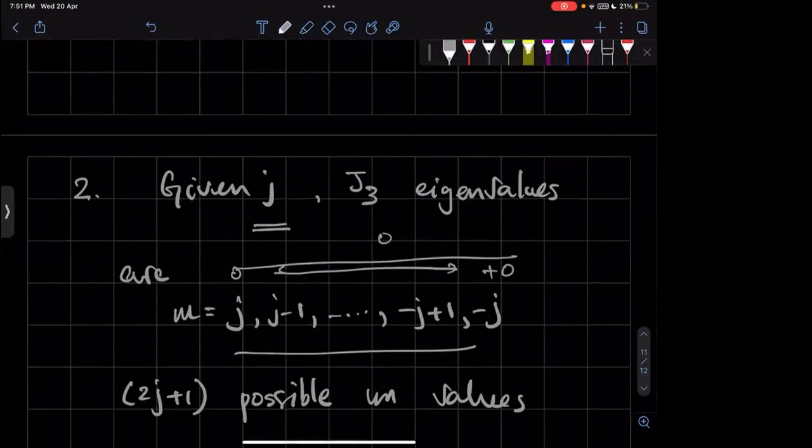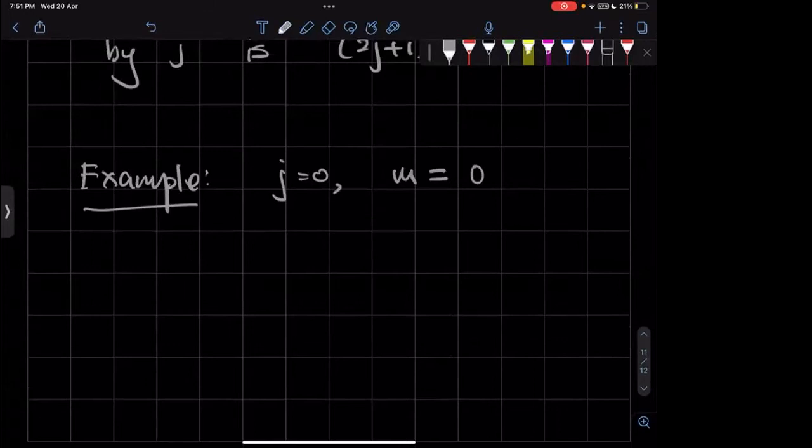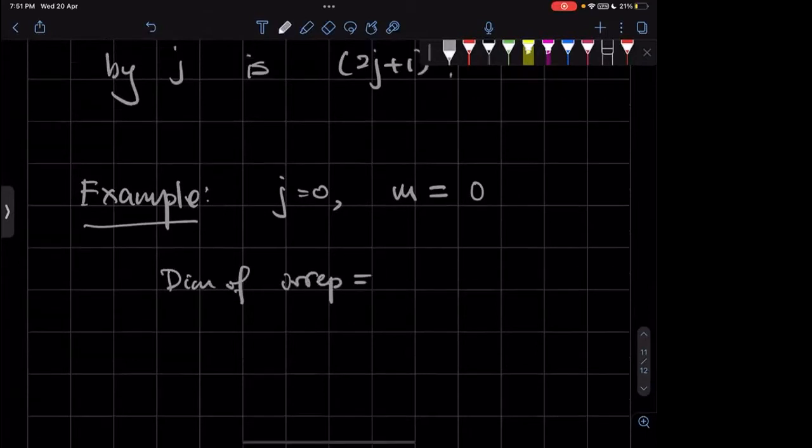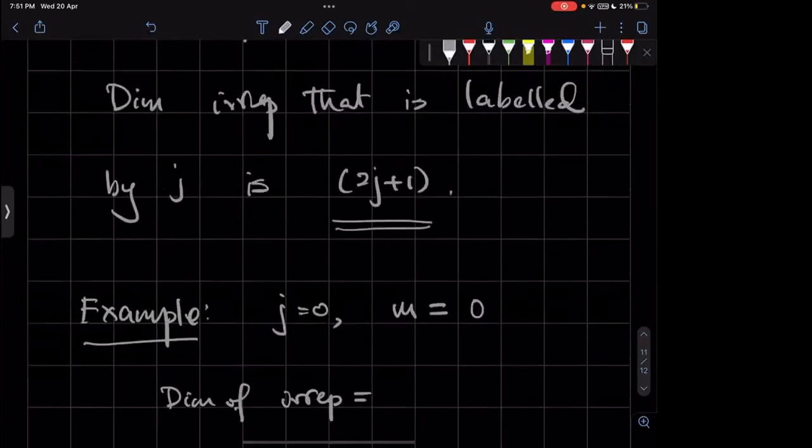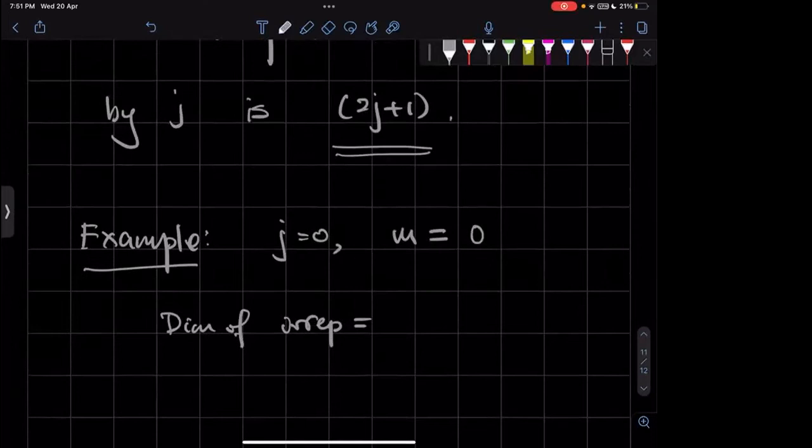Oh, okay, good. Anyway, so this may seem trivial, but it's actually important. Then what is the dimension of this E-rep? 1. Exactly.